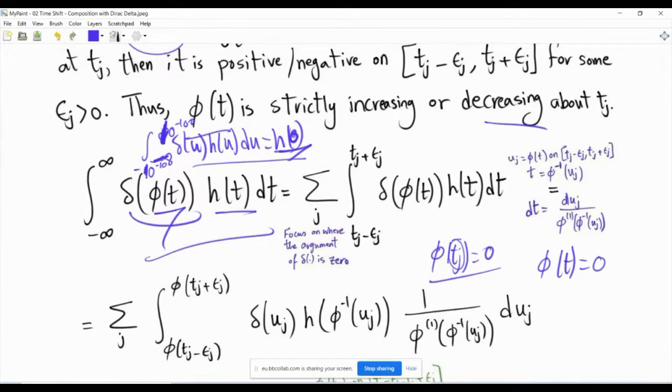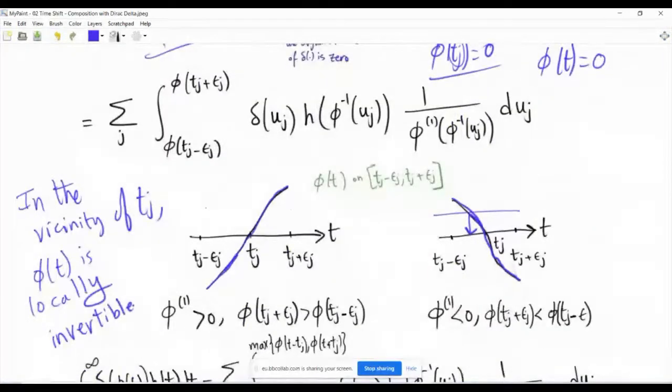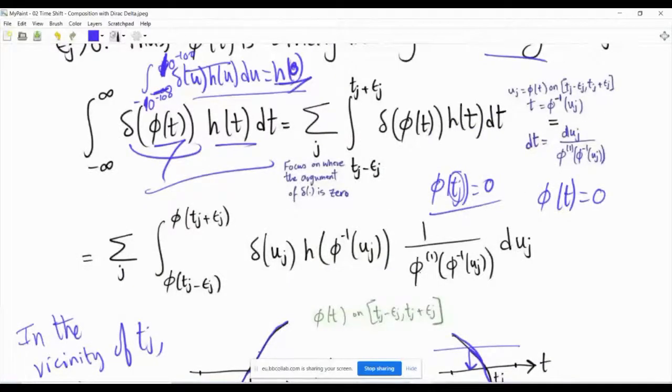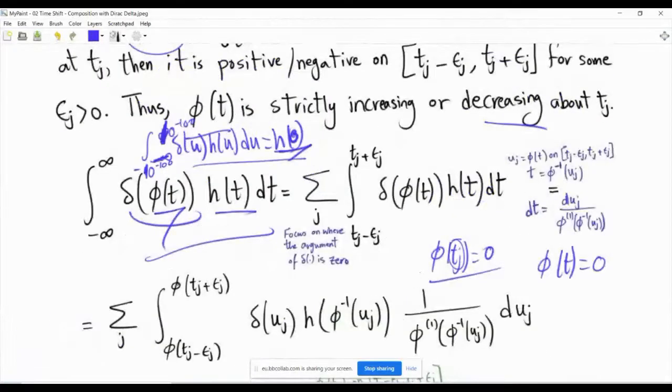Now, on each interval, we have something that looks like this or like that, depending on whether the first derivative of phi of t evaluated at tj is positive or negative. What we will do is a substitution of variables. I will take this phi of t and say that it is equal to uj.